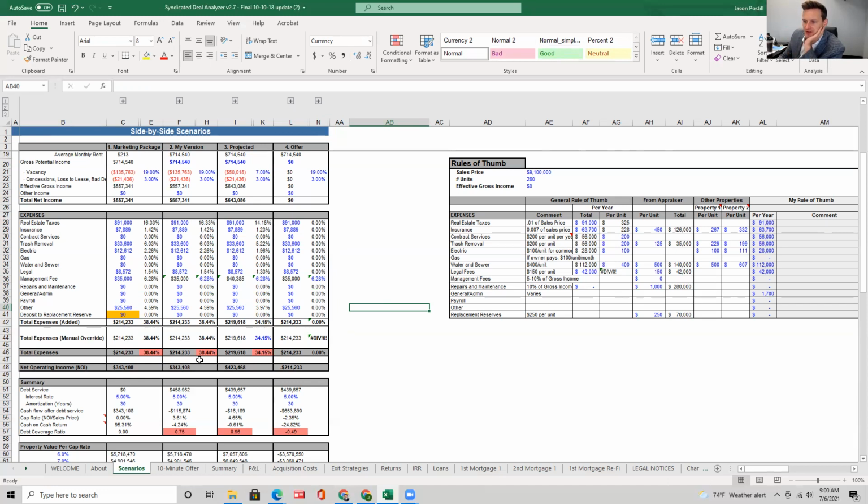So see, I'm coming up close to that 40%. So that's close. We can do another general item, and let's do payroll. We're going to have some other repairs and maintenance. Let's just call it 1,500 for the month. Let's just call another 18,000. There, that bumps us to 41%.